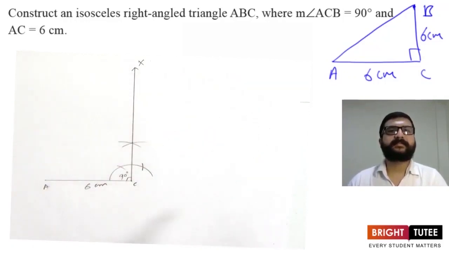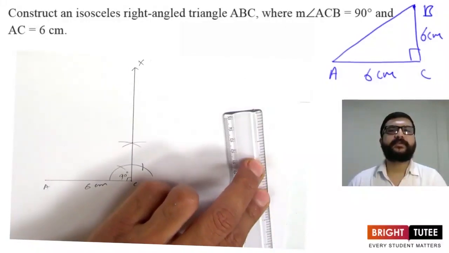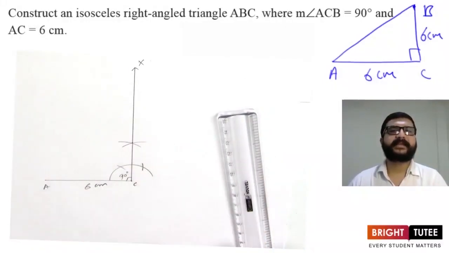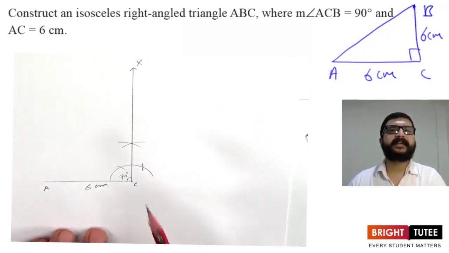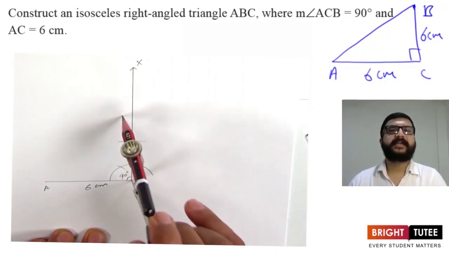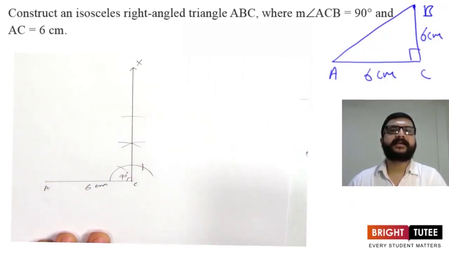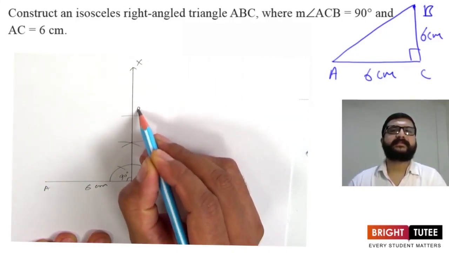Now the next step of construction, what we have to do now, we know BC is 6 centimeters. So what we have to do for that, we have to make an arc with C as a center and radius 6 centimeters intersecting CX at B like this.